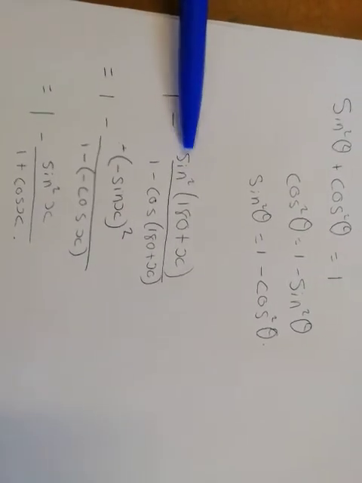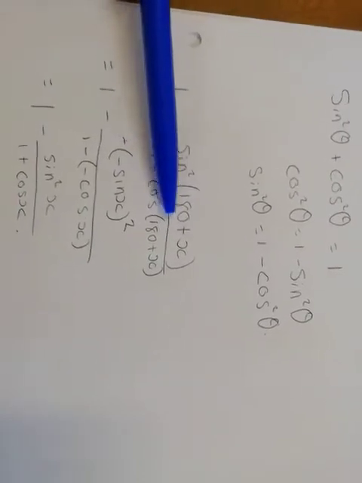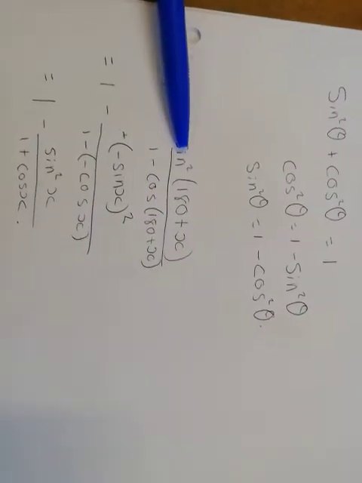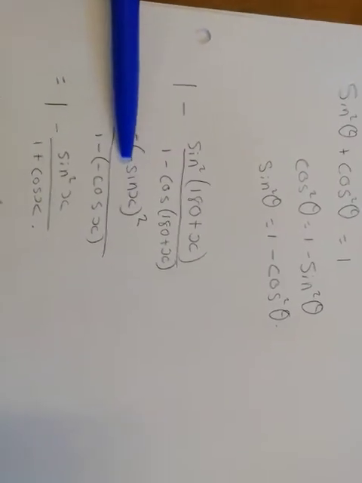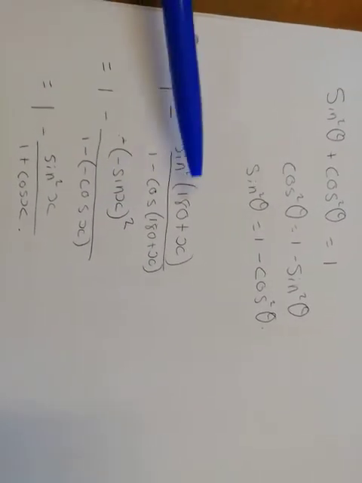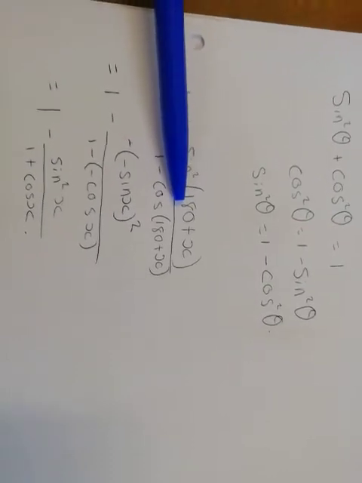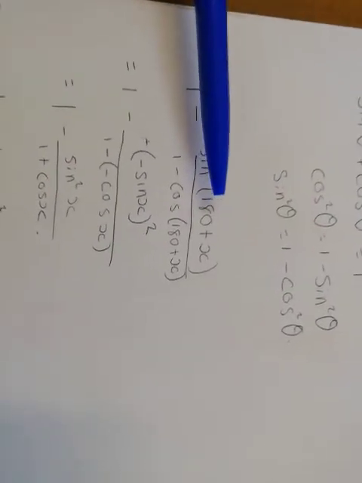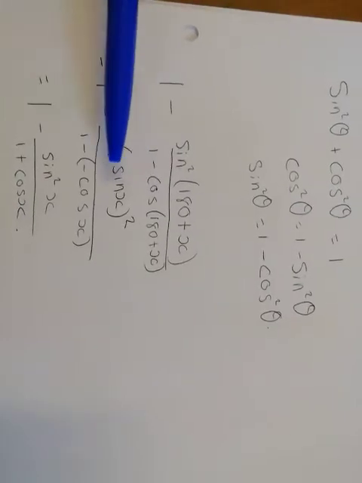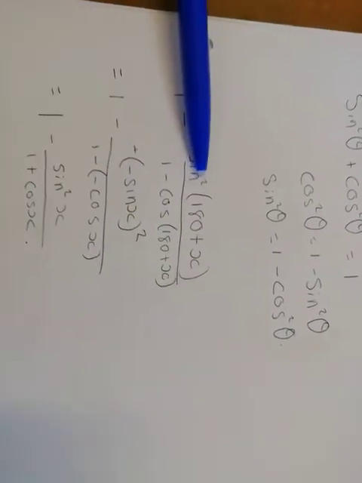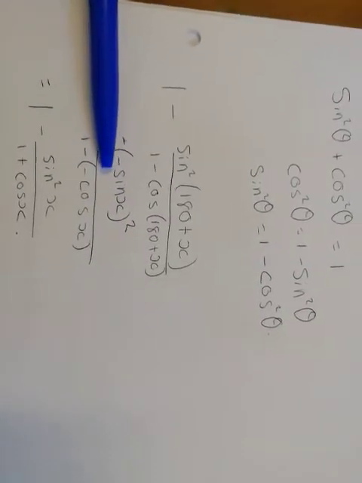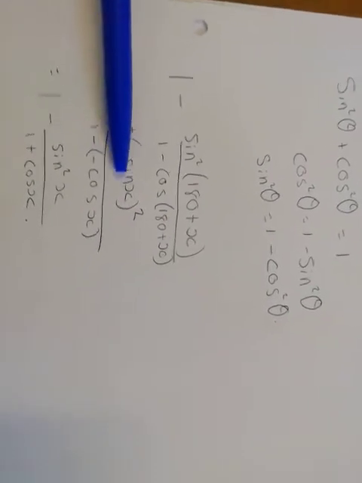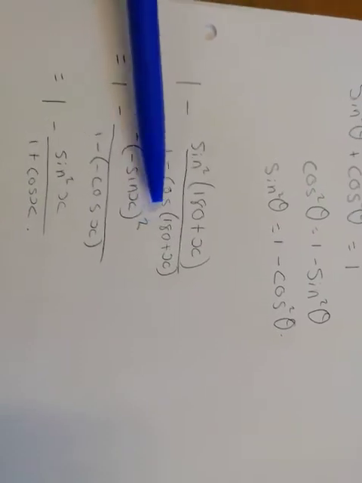Sine squared of 180 plus x, you can first rewrite in a bracket as negative sine x, for 180 plus is negative sine. But remember, the square is for the entire sine expression, so you have negative sine x squared.